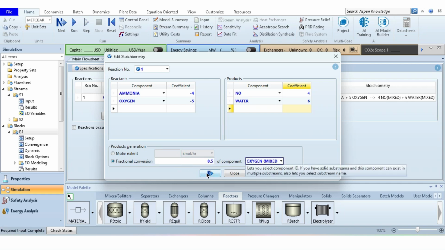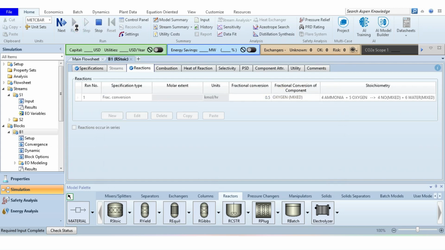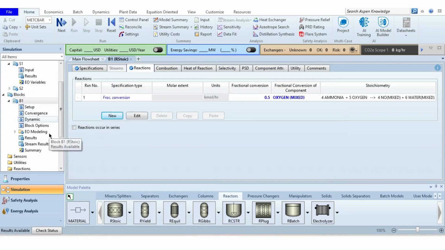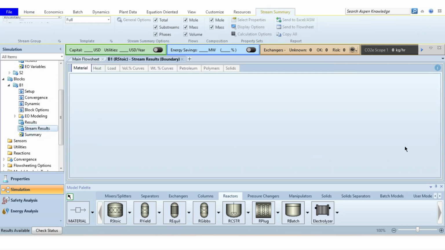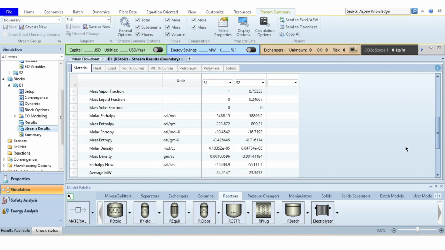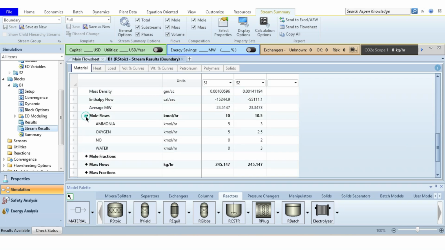Clicking on this next button and now clicking on this run button, we will get our required results, which are now available. Going to the stream results, we can see that the molar flow rate of ammonia at the outlet of the reactor is 3, oxygen 2.5, NO 2, and water 3. So this is our second part of today's simulation.